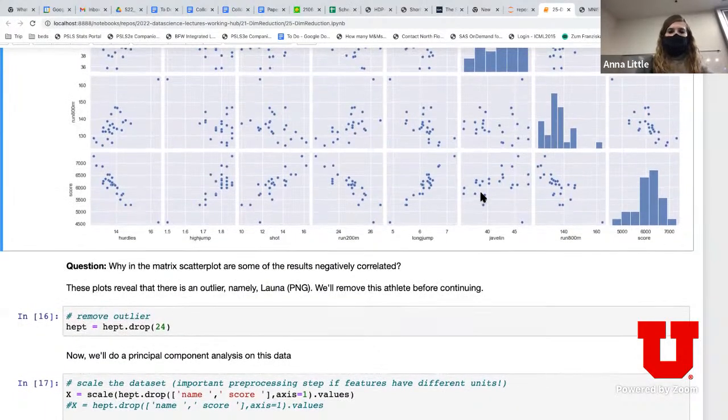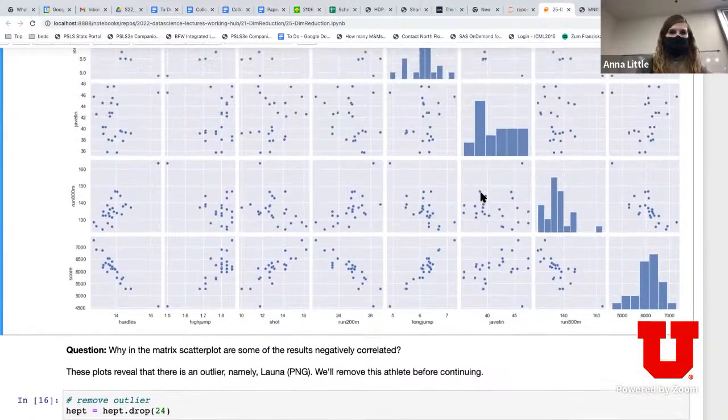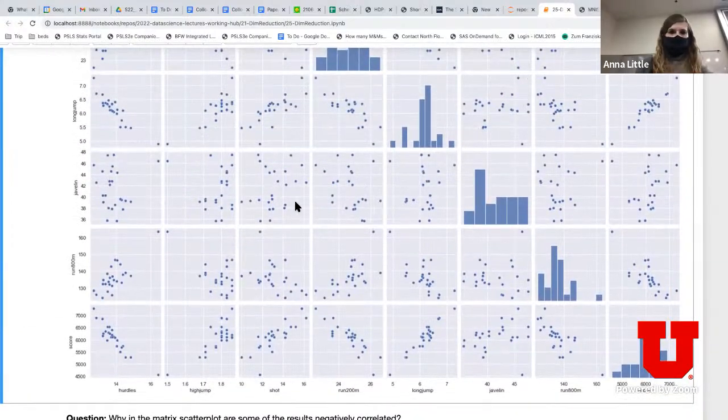Okay, and if we look at these plots, we notice there is one data point that tends to be really far away from all of the other ones. Notice this point right here. In all these plots, we have this outlier. As we discussed when doing linear regression and correlation, those methods can be sensitive to outliers.